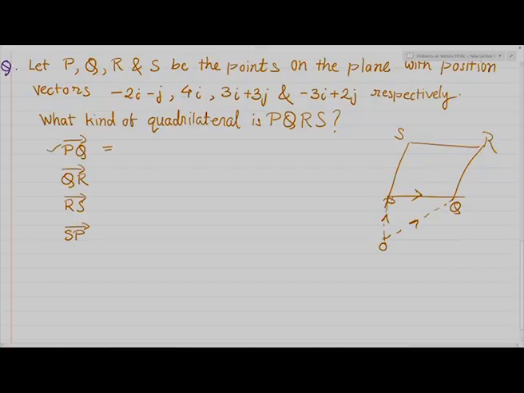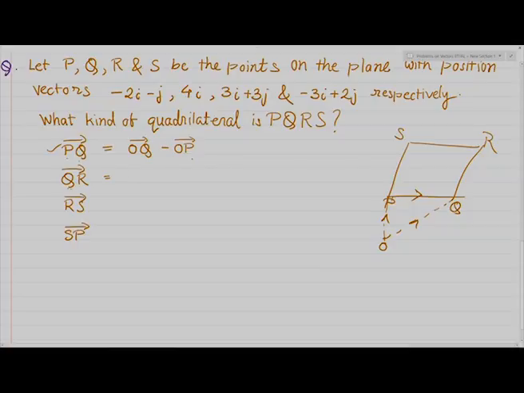If you want to find PQ bar, then you will start with P, you will go to O, and then you will go to Q, right. So this can be mathematically expressed as OQ bar minus OP bar, right. So remember this way, the initial point you will subtract the position vector, and the terminal point you will add the position vector.